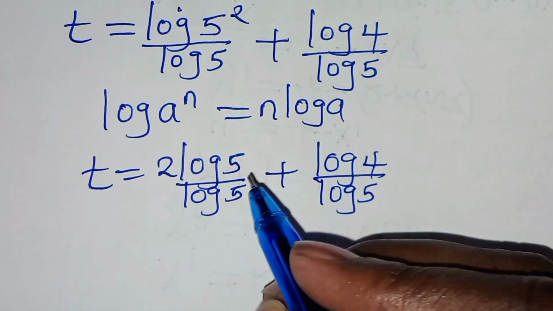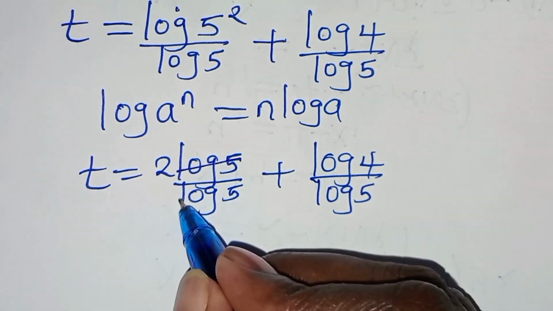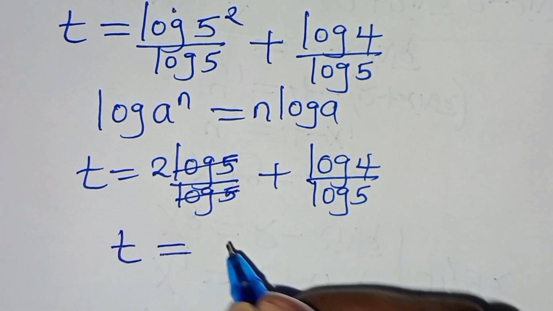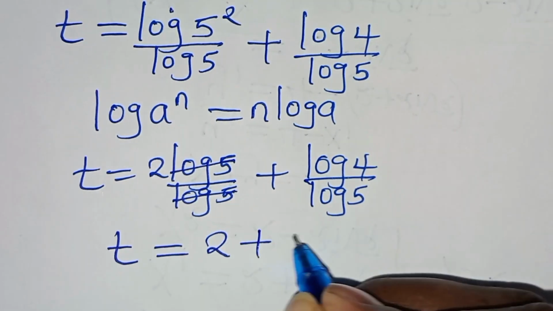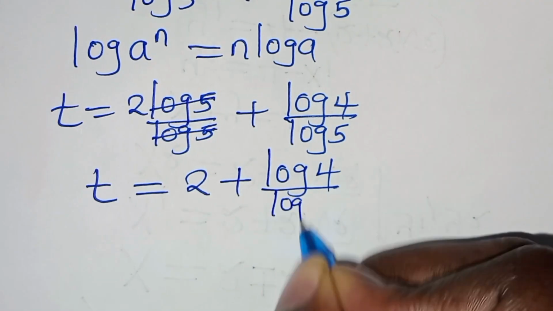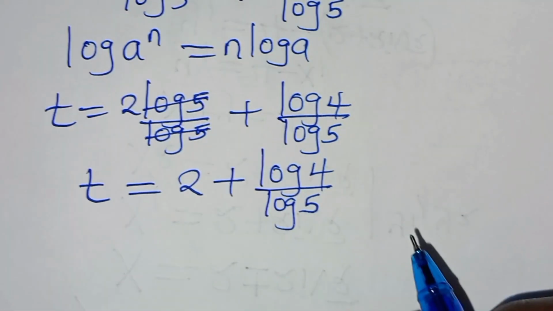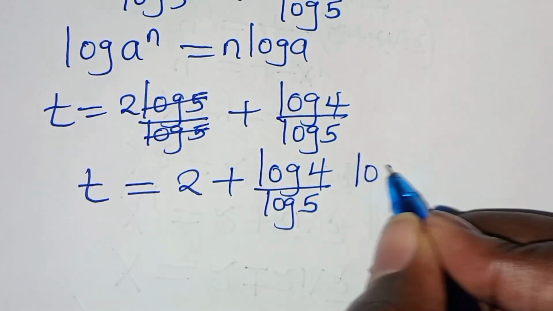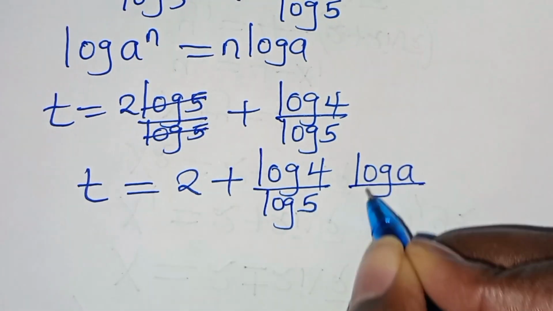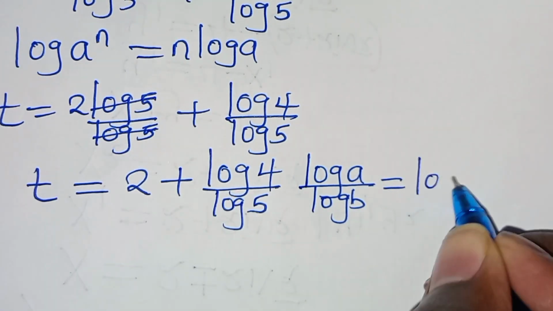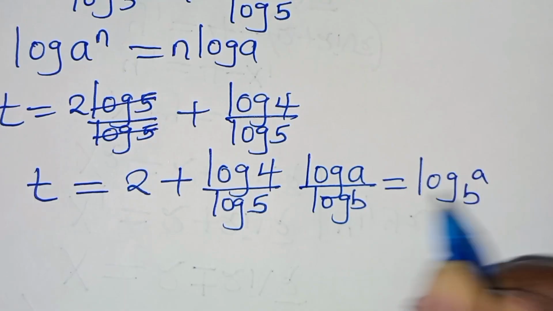The next step is to simplify here. Log 5 and log 5 simplify, so that now t is equal to 2 plus log 4 divided by log 5. Now, log 4 divided by log 5 is in the form of log a over log b, which we can express as log a to base b.